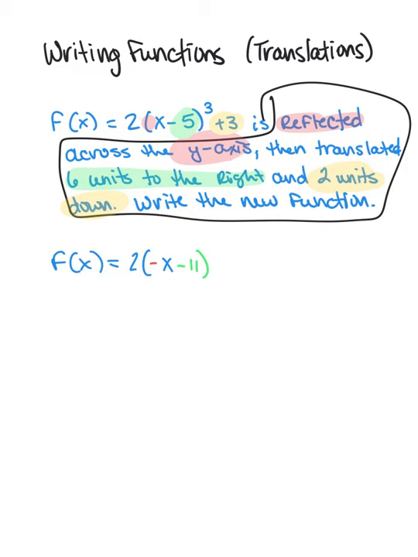And then I still have to have my closed parentheses and my cubed. I have a +3, but then I'm going down 2 units. 2 units down means I say -2. So 3 minus 2 is a +1. So this is my result of the translation after I had more things happen to it.